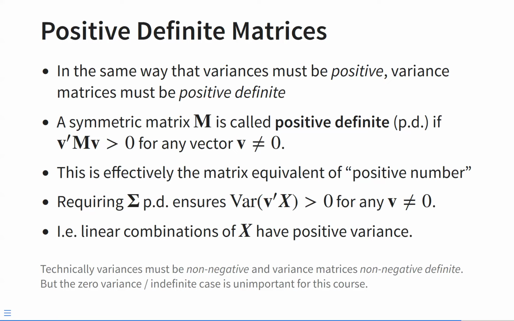If you're a pedant, I can sympathize, and you may say, wait a minute, technically variances only have to be non-negative, and variance matrices only have to be non-negative definite. You're absolutely right, but the zero variance or the indefinite case is not actually important for this course and for most practical applications. So I'm just going to pass over that.